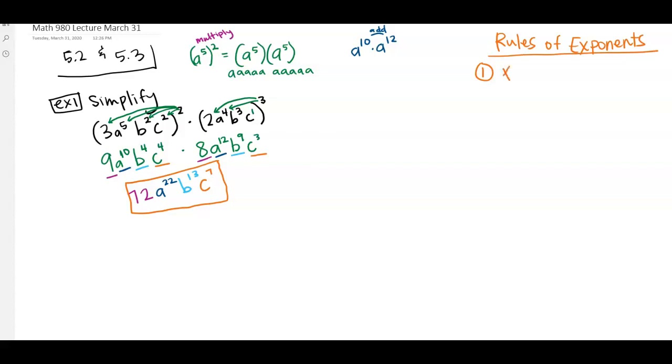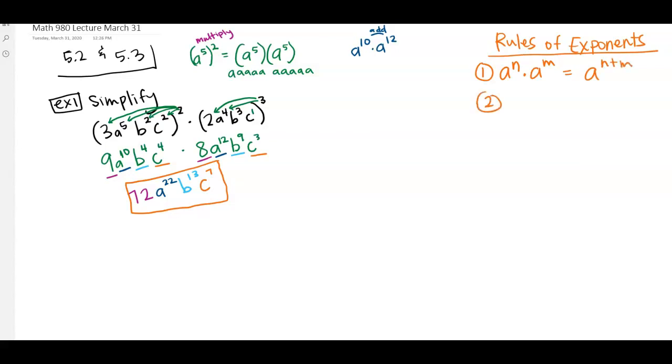So when we have like x to the, well, actually let's do a different one than x, because x is usually one that we always have there. So let's do a to the n power times a to the m power. So we said on something like that, we're going to be adding those together. So a to the n plus m power.